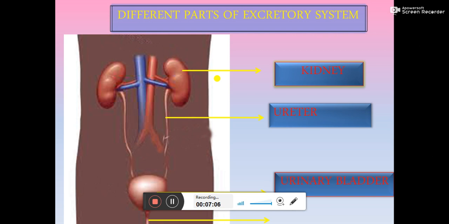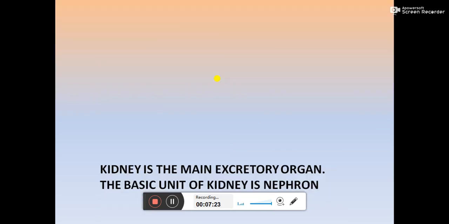The bladder collects and stores urine until it is ready to discharge through the urethra. While the function remains the same for both genders, slight differences exist due to the difference between male and female genitals. So that was the discussion about the excretory system.